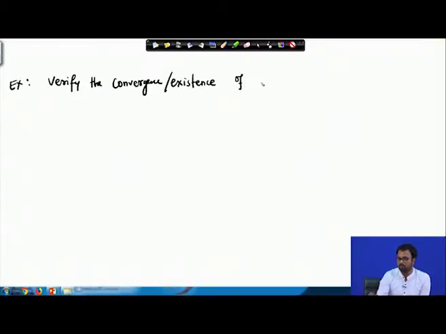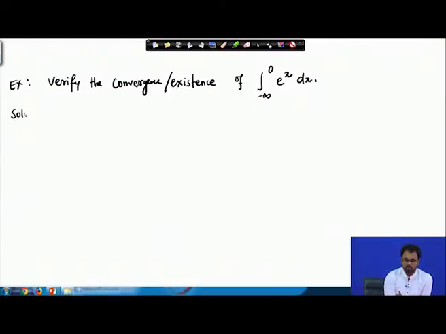Let us say verify the convergence or existence, we can use either one of these terms, of the integral from minus infinity to 0 e to the power x dx.